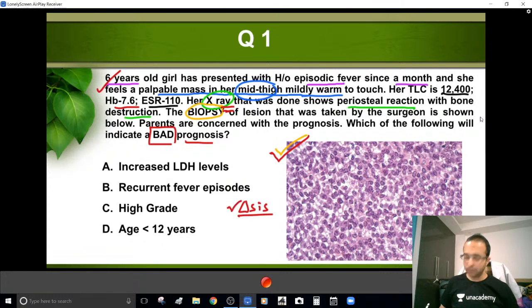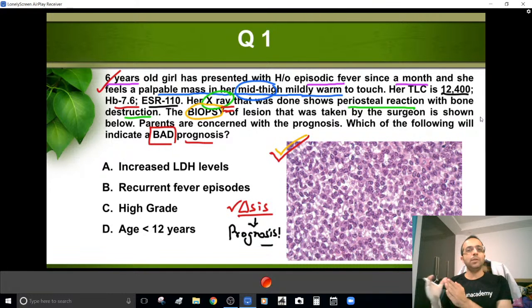Because if this is wrong, the further question becomes wrong. Because only with the correct diagnosis, you will be able to predict about the prognosis. So that is what the next exam is going to be. A clinical question that would span multiple branches, and of course a clinical skill integrated into your academic knowledge. So I'll just tell you how to solve such kind of questions with a very nice approach.